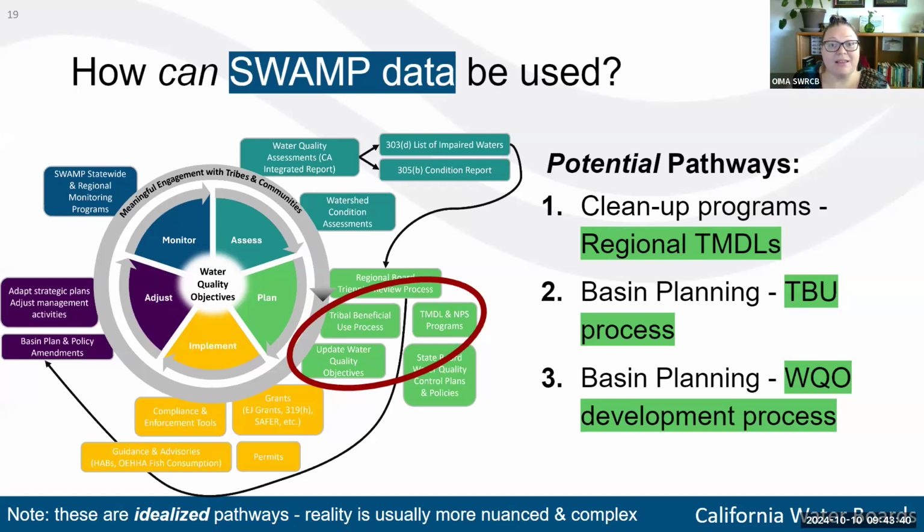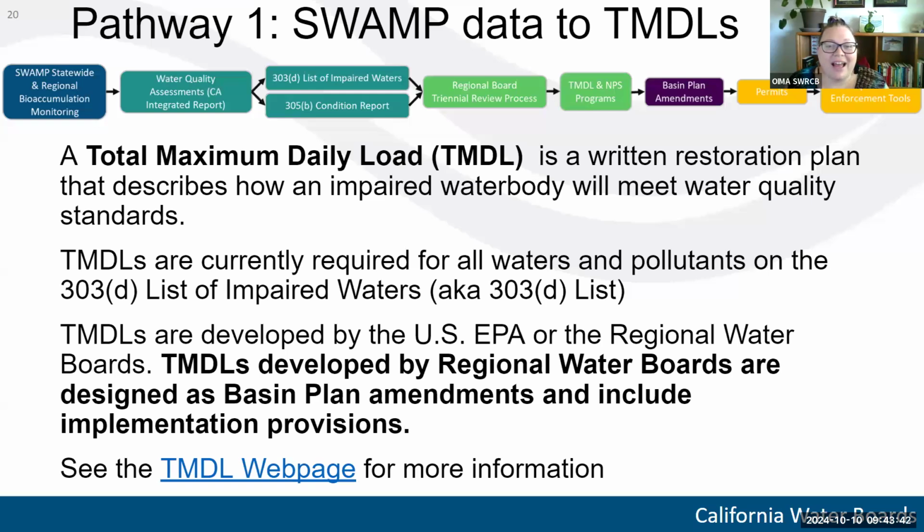So starting with TMDLs. At the top of the slide, you see a linear representation of the different phases from the cyclical graphic. And from left to right, we see that the process starts with data that are generated by SWAMP.